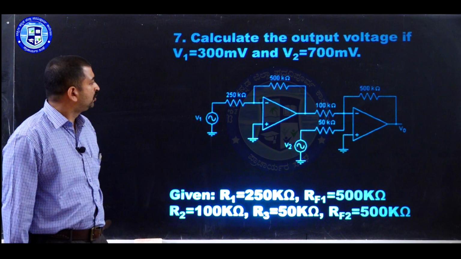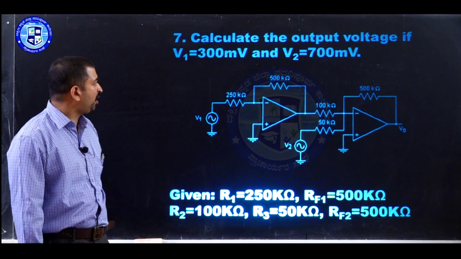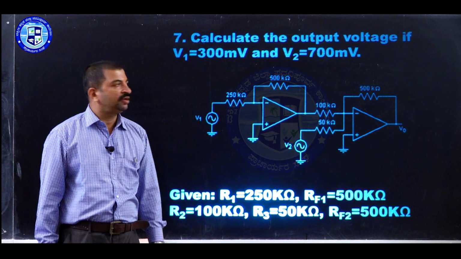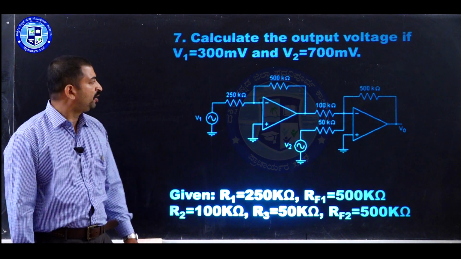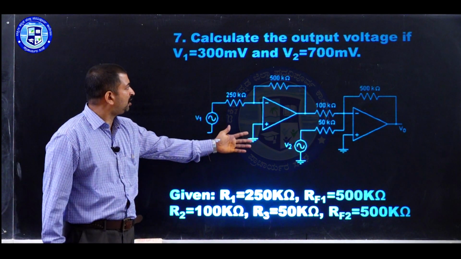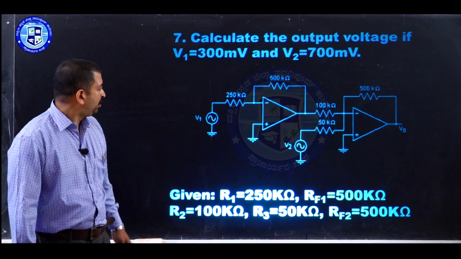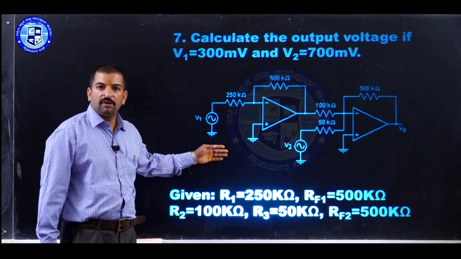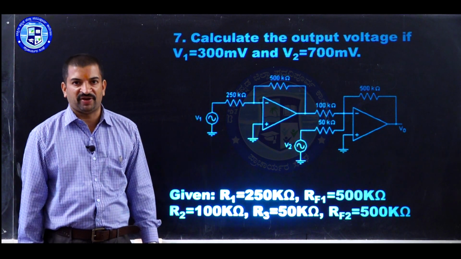Next one: calculate the output voltage if V1 equals 300 millivolts and V2 equals 700 millivolts. It is similar to the previous circuit, but here the input voltages are 300 millivolts and 700 millivolts. The first circuit is an op-amp inverting amplifier and the second circuit is an op-amp summing amplifier.